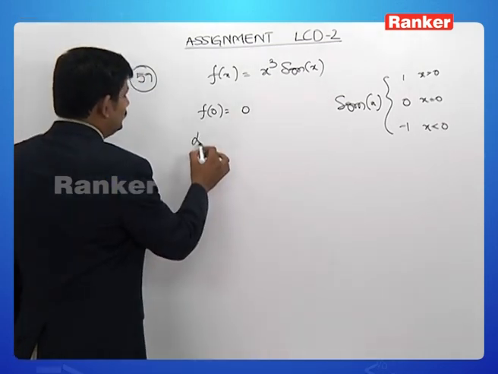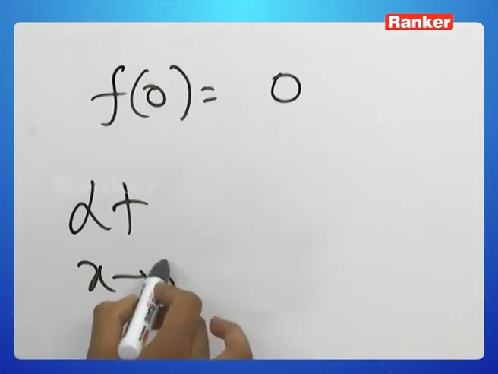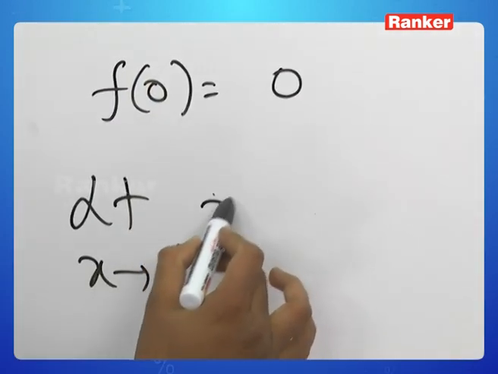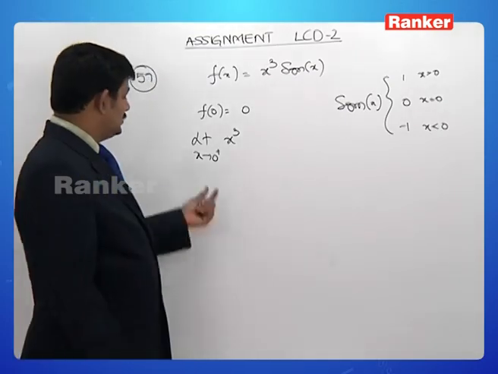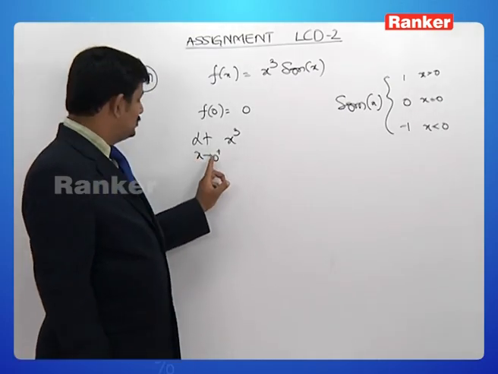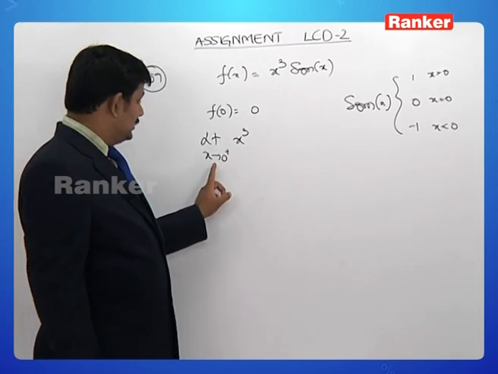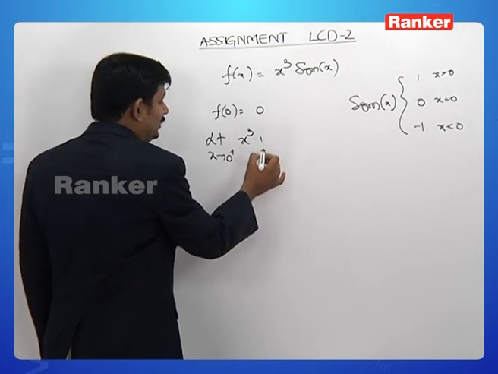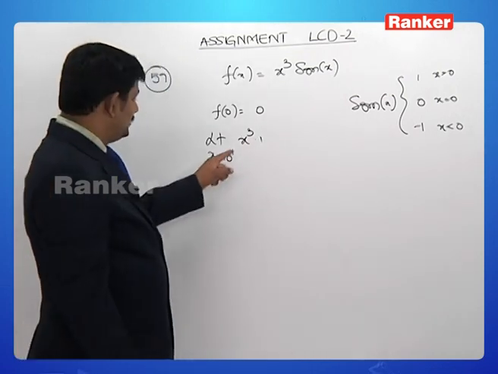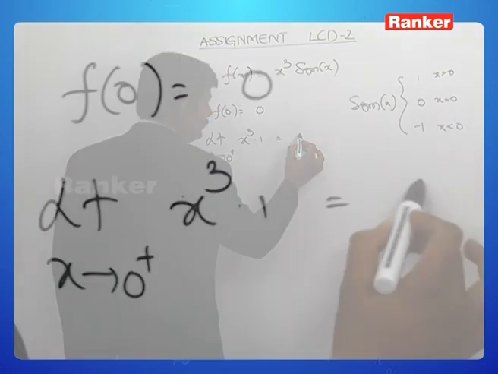Right hand limit, limit x tending to 0 plus f of x is x cube signum of x. Whenever x is tending to 0 plus, x is greater than 0, and signum of x is 1. So limit as x tends to 0, x cube is 0.